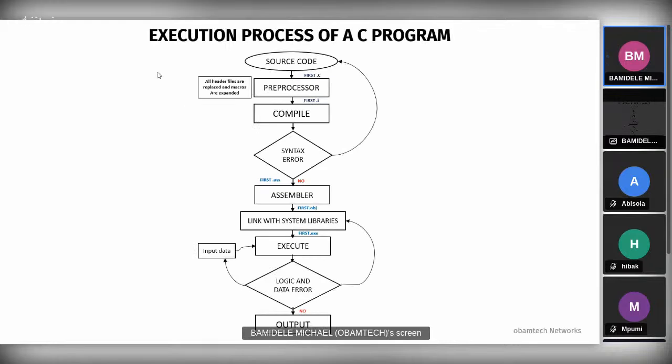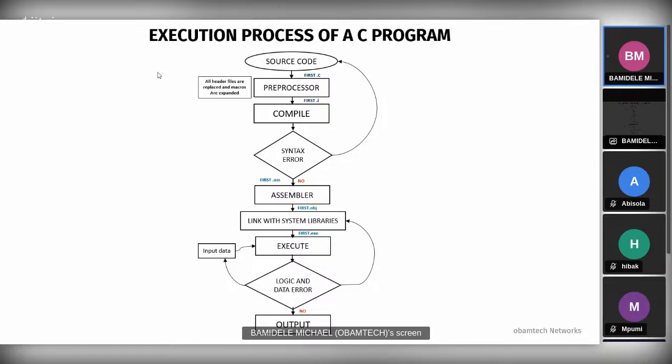Then we talked about the execution process of a C program, from how source code is converted and translated to machine code. All the processes involved, and we know that C is a compiled language using a compiler, the GCC compiler, and we have been able to practicalize every operation that we can personally apply to the GCC compiler.